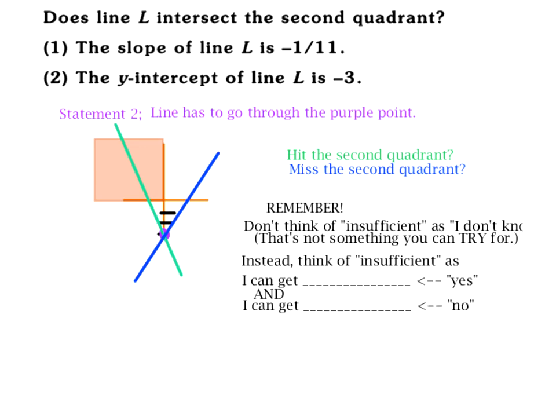So in this case, that means I can get a line that hits quadrant 2, and I can also get a line that misses it. I mean, this is different as far as strategy. I don't know is just waving my hands in the air and not knowing. But this is actually a definite goal. So keep that in mind.